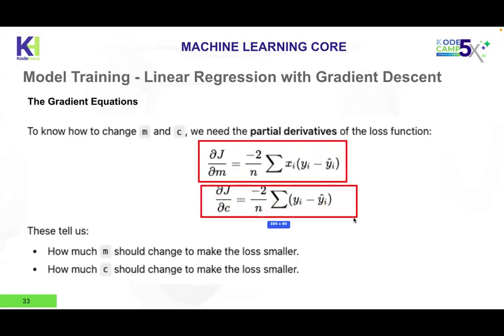And this is the gradient for C. C is what we call the bias, because y hat doesn't change with it. C is a constant. So however x changes, y will always have a fixed value that depends on C. Then on top of that, you have the part that depends on x. Anyway, this tells us how much m should change to make the loss smaller, and how much c.